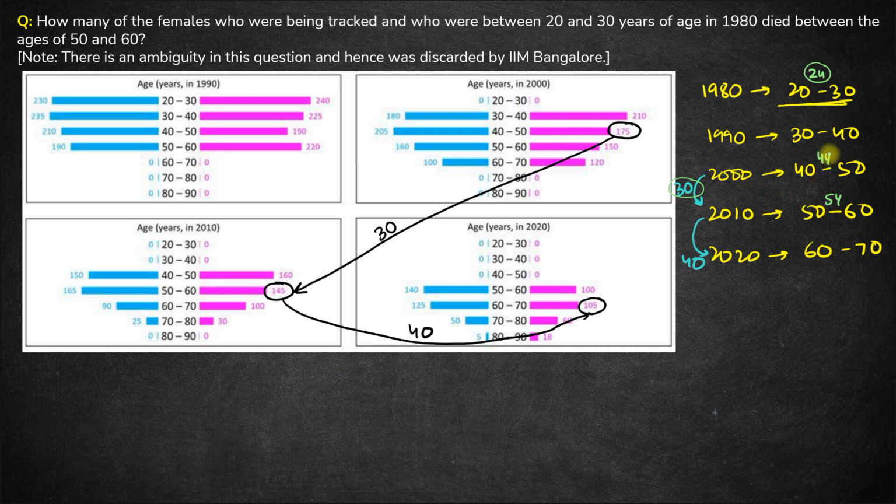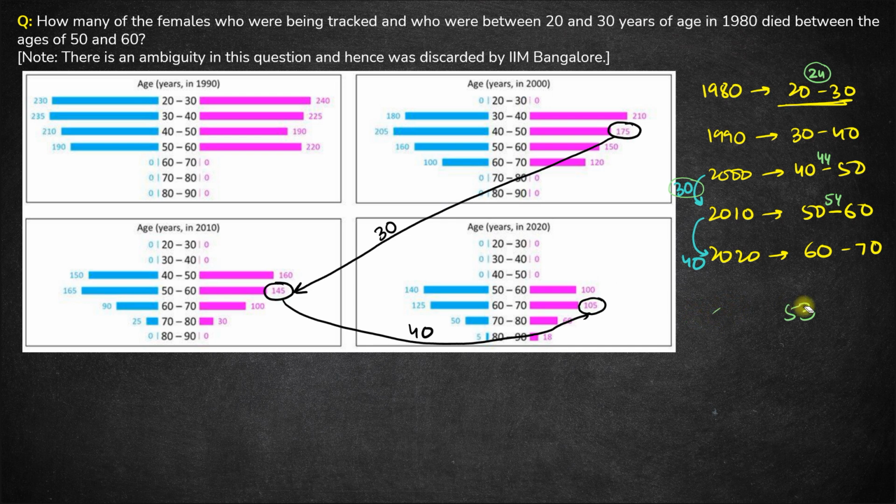So if let's say this woman died in 2001, her age would have been 45 years. But if she died in 2009, her age would have been 53 years. So if her age is 45 years, we will not count her in this category of 50 to 60 years age. But if she died at the age of 53, then we would have to count her in this age group.